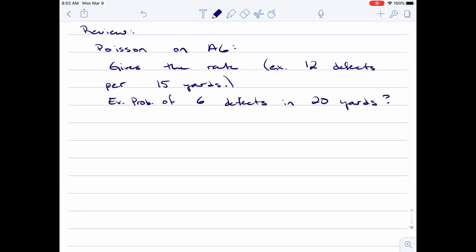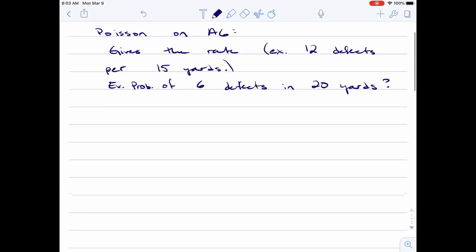It's good. Thank you. So now we know that we have 12 defects per every 15 yards, right? But what we want is a different type of yardage. And so what we have to do is figure out how many defects we've got per yard and then multiply it by 20, right?